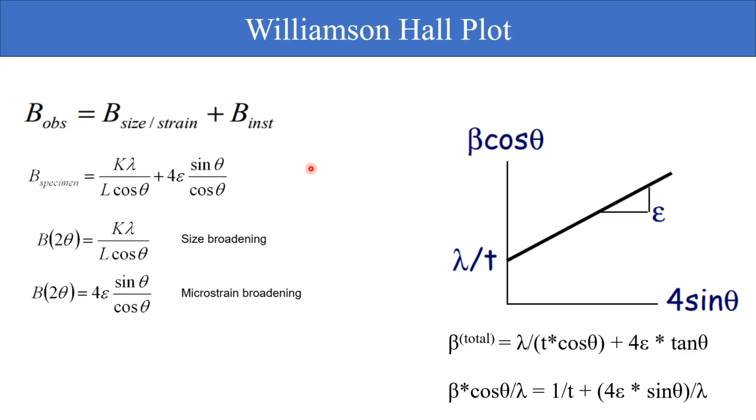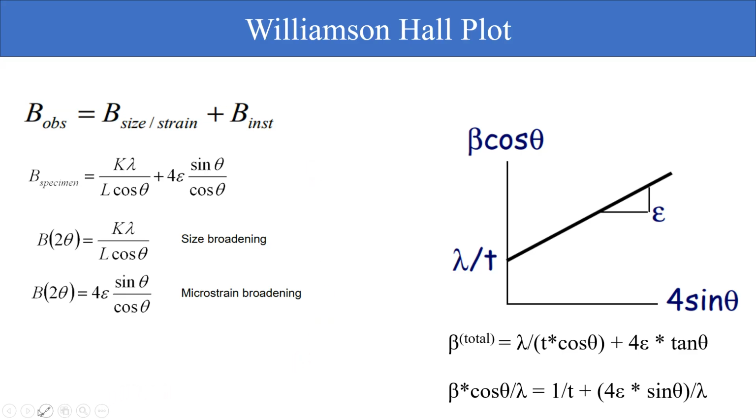We have beta multiplied by cosine theta on the y-axis and 4 multiplied by sine theta on the x-axis. So we can easily plot this trend by using the Williamson-Hall method, but we do it more precisely in Xpert HighScore software.